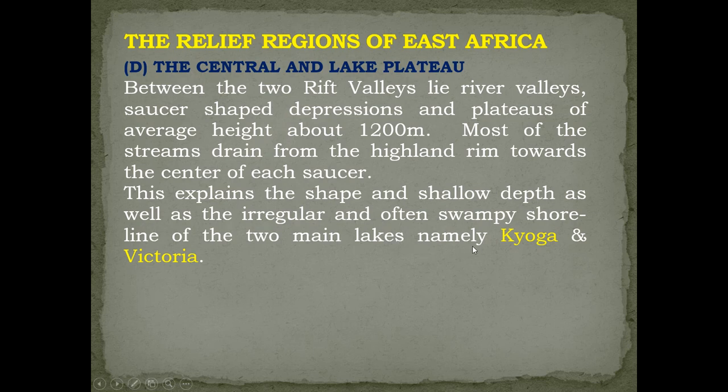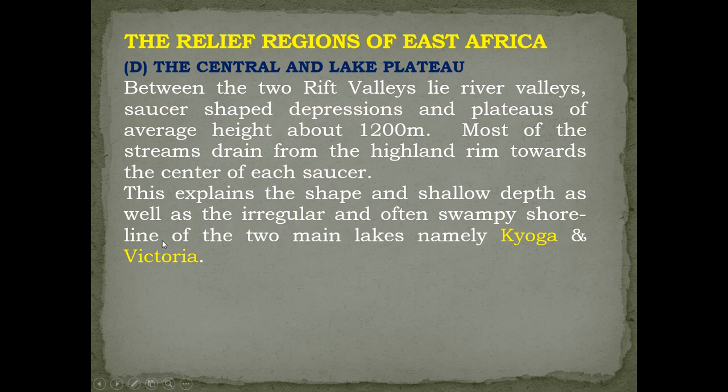So the most important lakes found within the Central and Lake Plateau are Lake Kyoga in eastern Uganda, and then Lake Victoria in the southeastern part of Uganda, then Kenya and Tanzania. So it is the largest lake we have in East Africa.